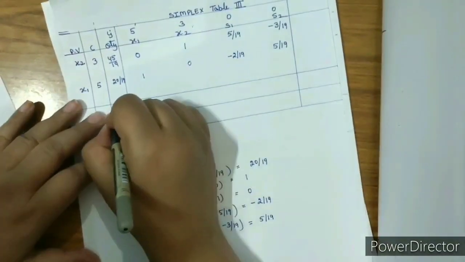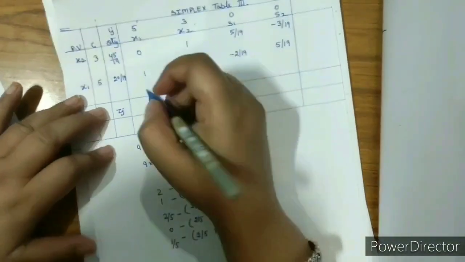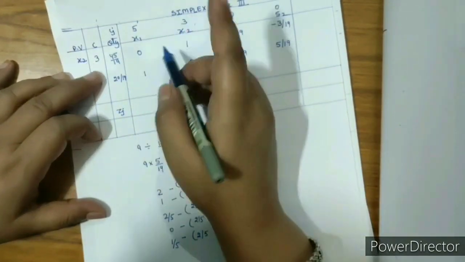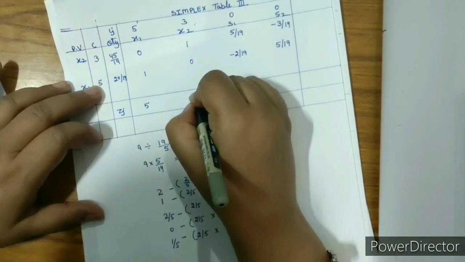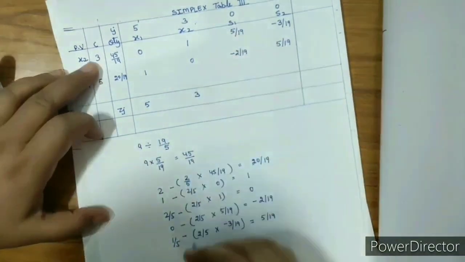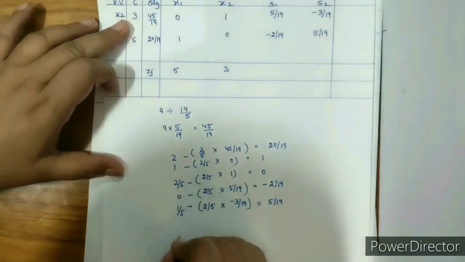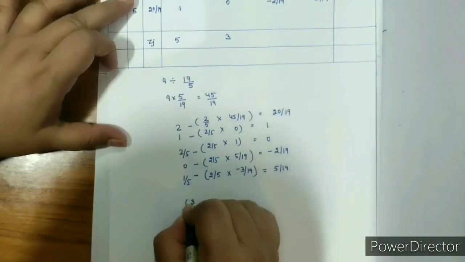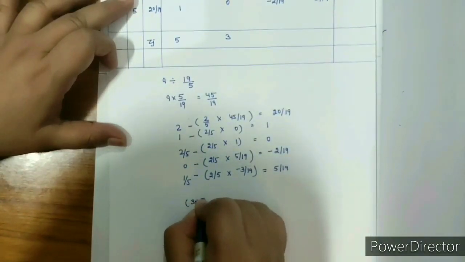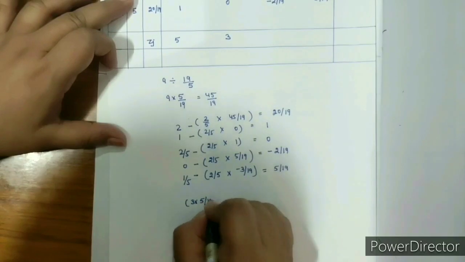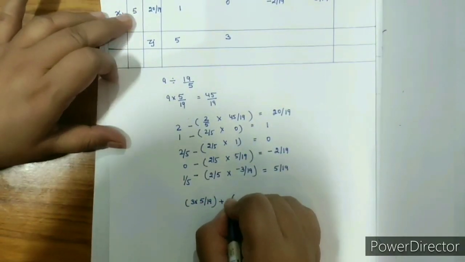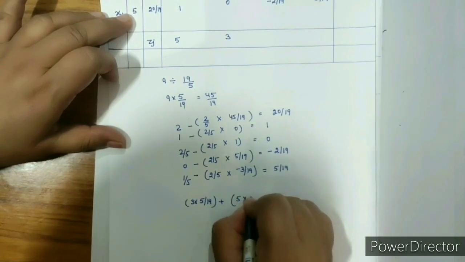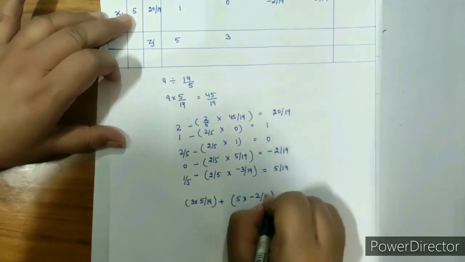Now we compute ZC. 3 into 0 is 0. 5 multiplied by 1 is 5. Here 3 multiplied by 5 by 19 plus 5 multiplied by negative 2 by 19.